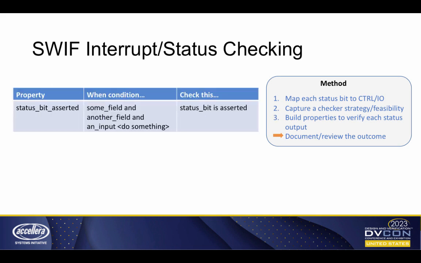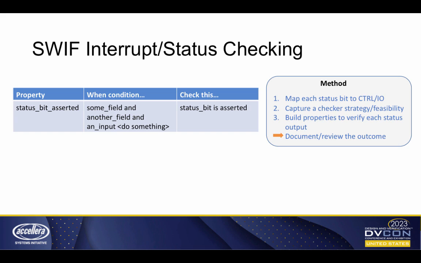And when all of that is done, or as you are doing it, I found it useful to document the properties that you have constructed, so that you can go through and review that documentation with the rest of your team, ideally with the design engineer that wrote the RTL. So again, here you're looking at the property, what is the name of the property, so you itemize the properties that you've constructed.